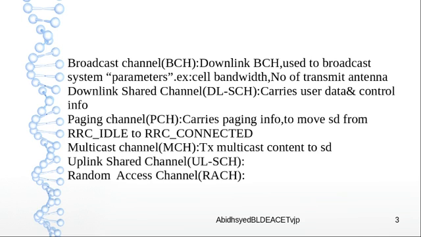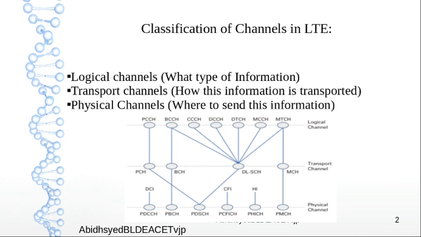Say cell bandwidth, how much bandwidth is available in the cell where the user is, and the number of transmit antennas. This information is transferred to all the users using the broadcast channel. Typically, the downlink broadcast channel, DBCH. DBCH means downlink broadcast channel.